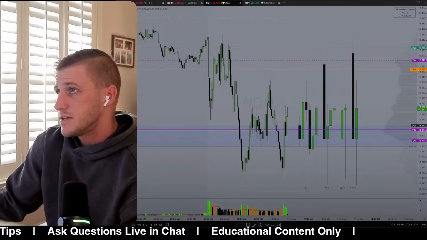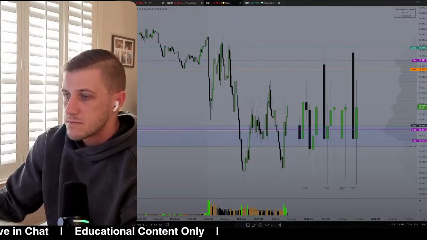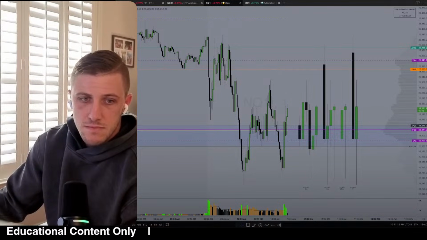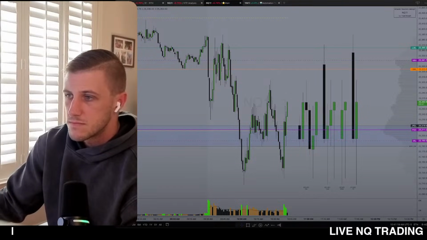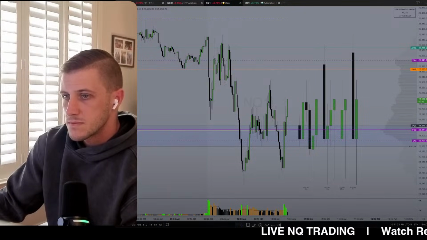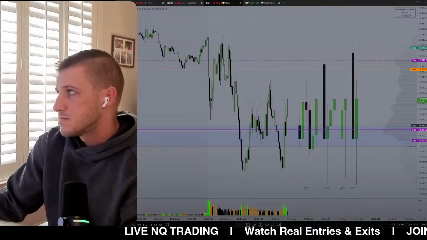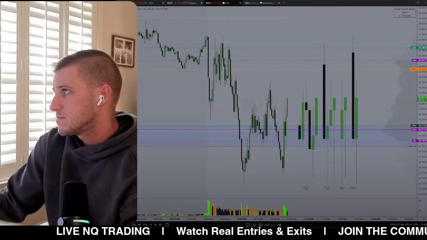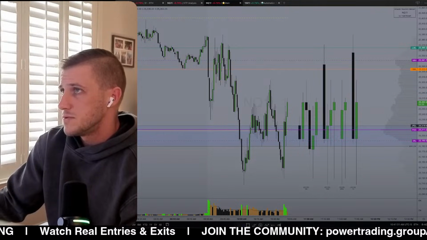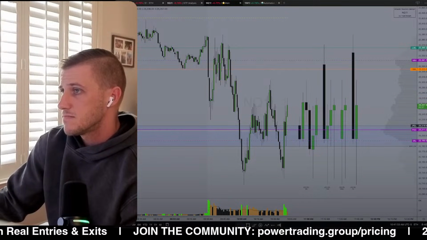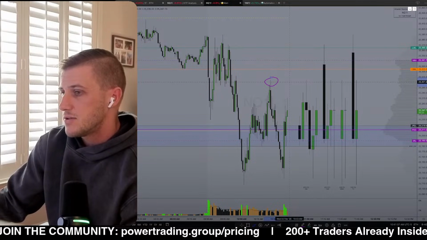I mean, price is still here though. Price is still here, right? So do we see a break of structure? Do we see a break at this area, 25,300?